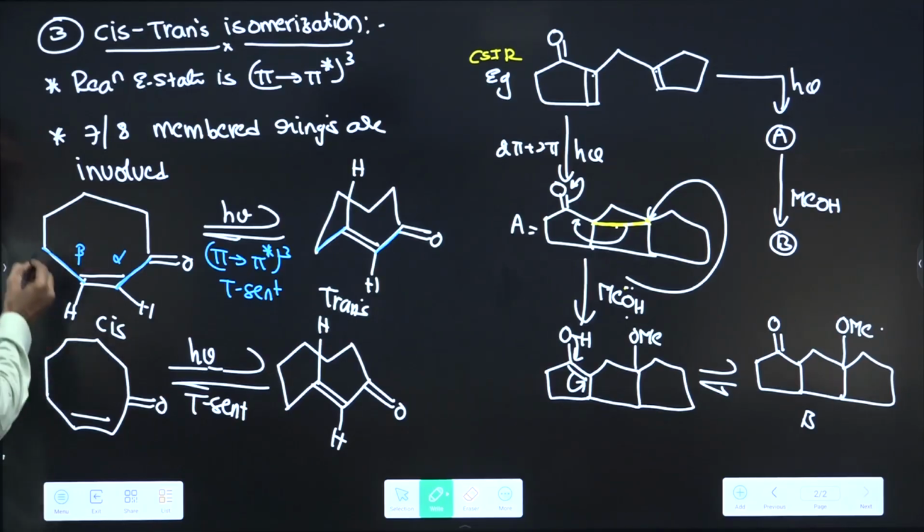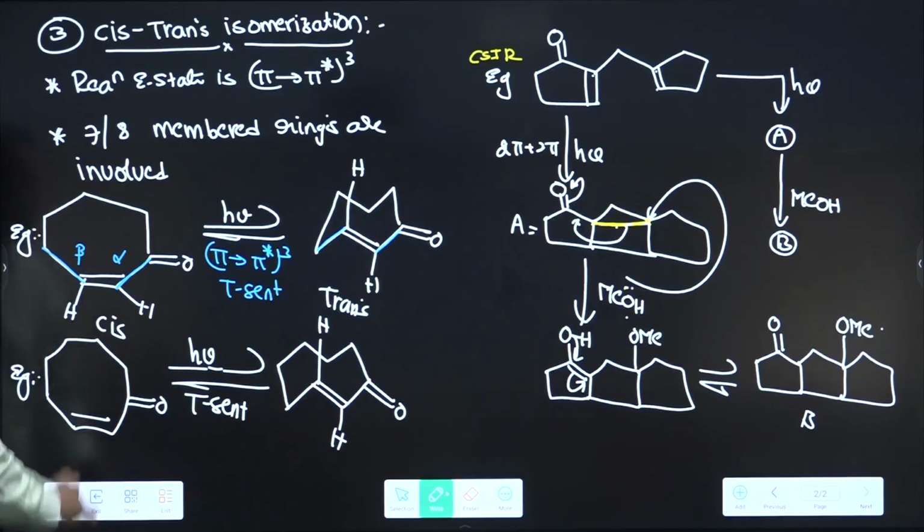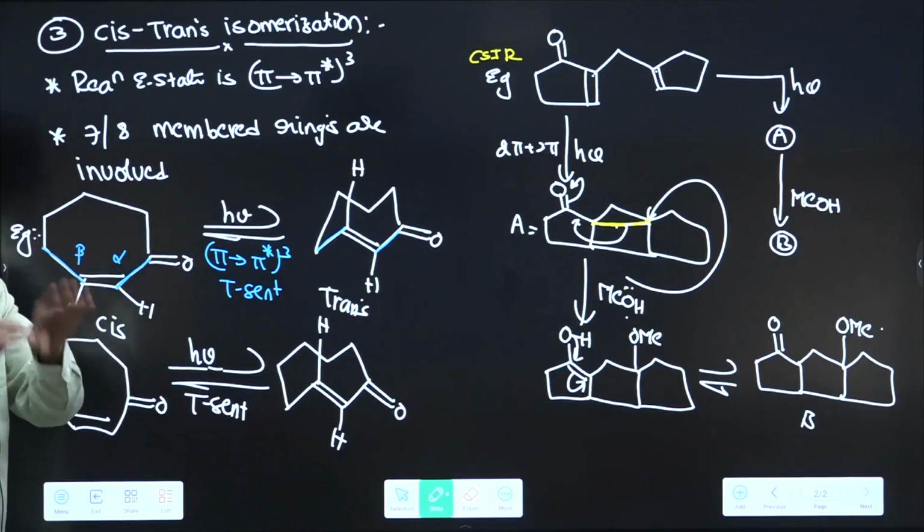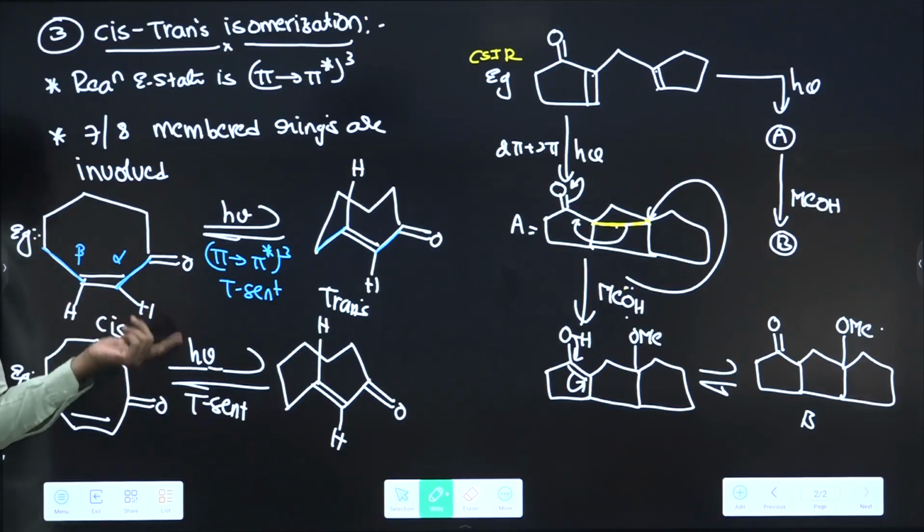Normally 5 membered rings, 6 membered and higher membered rings are not easy to involve. Even 9 membered is not possible. 9, 10 not possible because flexibility is very high. Highly flexible, not easy to interconvert.